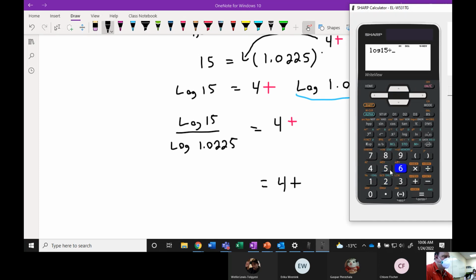30.4? Well, you haven't divided by 4 yet. Divide by 4. Okay, so I got this. So log 15 divided by log 1.0225.